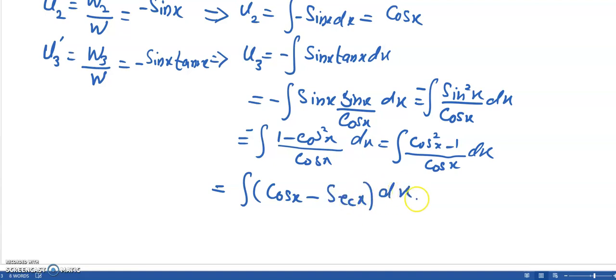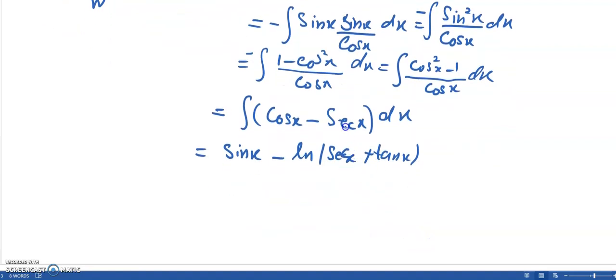Now I think it's relatively easy, because we know that the integral of cosine x is sine x, and the integral of minus secant x is minus log of secant x plus tangent x. Well, we need some steps to prove this, but I think it's fine.